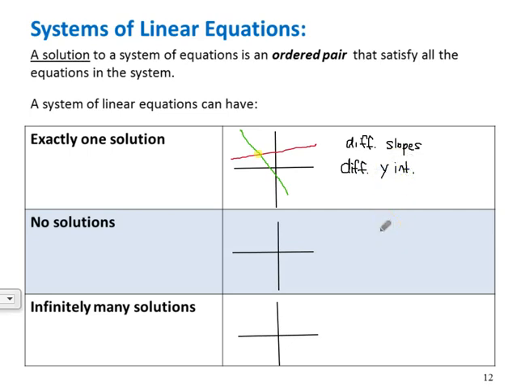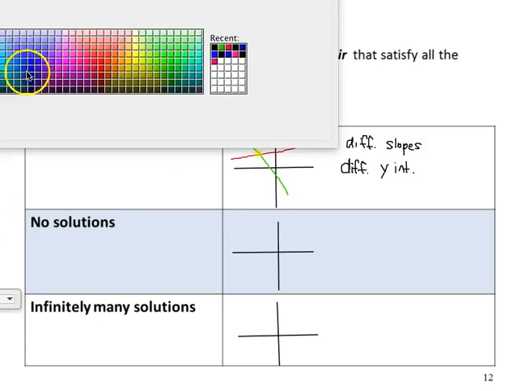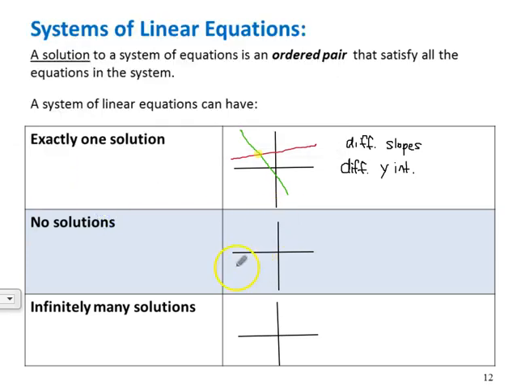That's a pretty cool clue, because once you have your equations rewritten in slope-intercept form, if you see that you have different slopes and different y-intercepts, right away you know you're going to have one solution, and that solution will be where your graphs intersect.